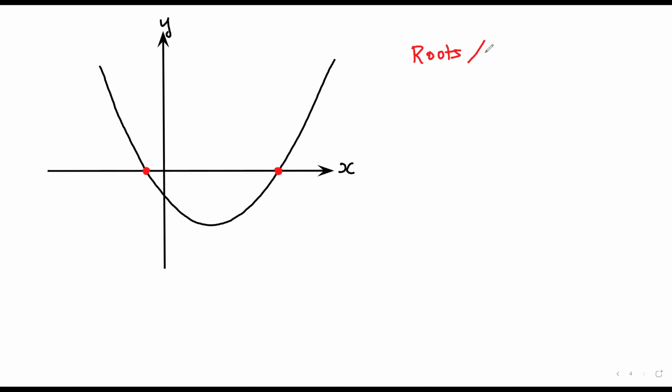The roots, or x-intercepts, are where the quadratic cuts the x-axis, all right? And when you solve a quadratic equation, the values that you get for x are the roots of the equation. So this is your solution to the quadratic equation.